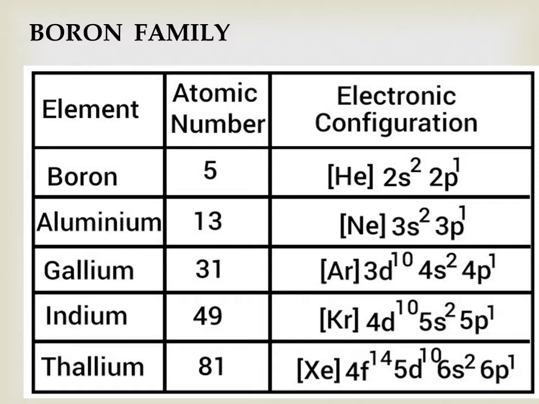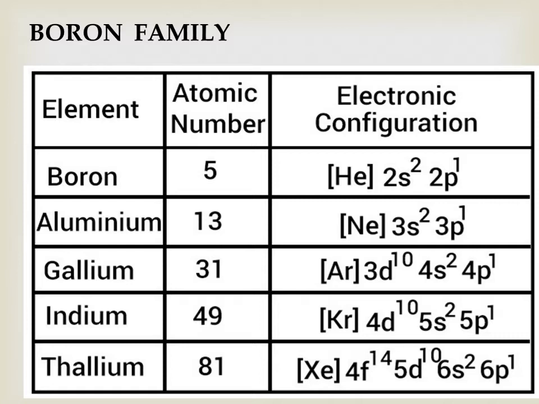So my dear students, over here you can observe that as we go down the group, the atomic number of the elements goes on increasing. That is because a new shell is being added down the group. And the condensed electronic configuration of group 13 or the boron family is given on the right hand side.